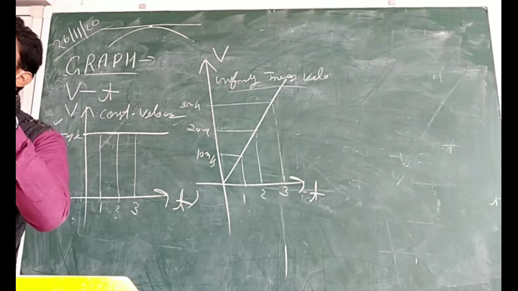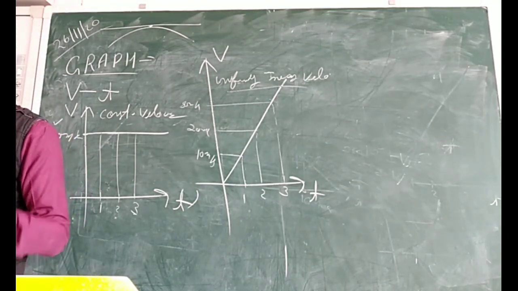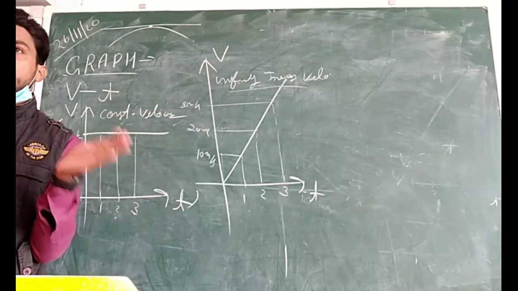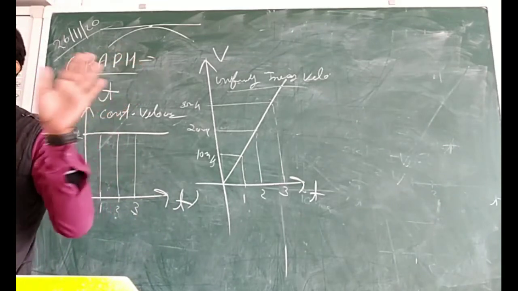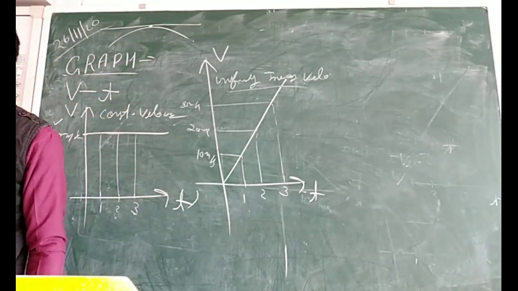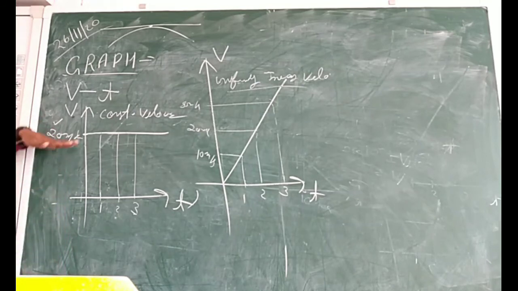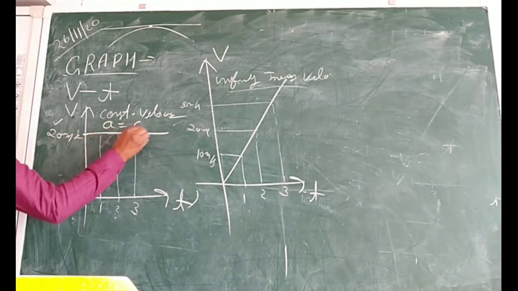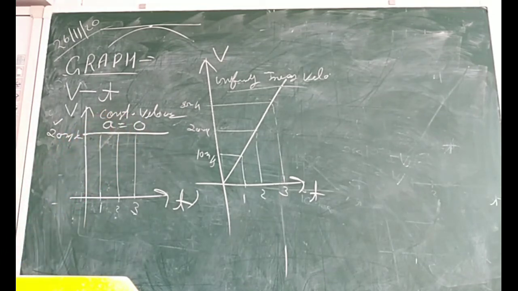Either velocity is increasing or decreasing, then you will say that there is acceleration in that body. And if there is no change in the velocity, then the acceleration is zero. Then it means the body's velocity is constant. Then the acceleration of the body is zero. No acceleration in this graph. Clear?